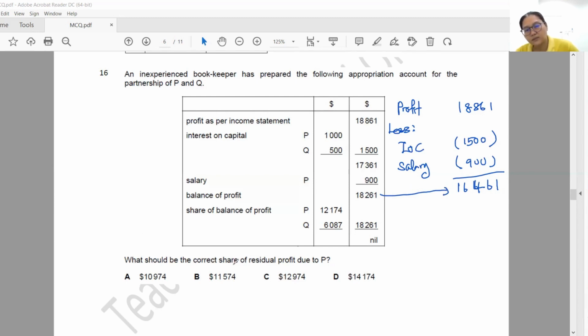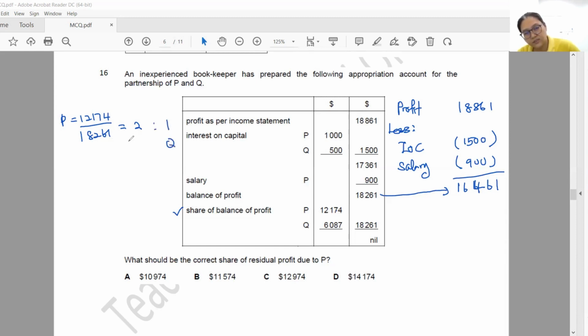So what should be the correct share of the residue to P? To know that, we have to find the ratio. Before we do it, we have to calculate this one. If you notice, the sharing for P is 12,174 over 18,261, which is 2 to 1.